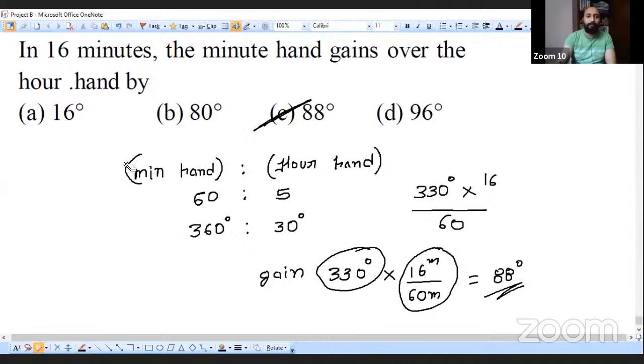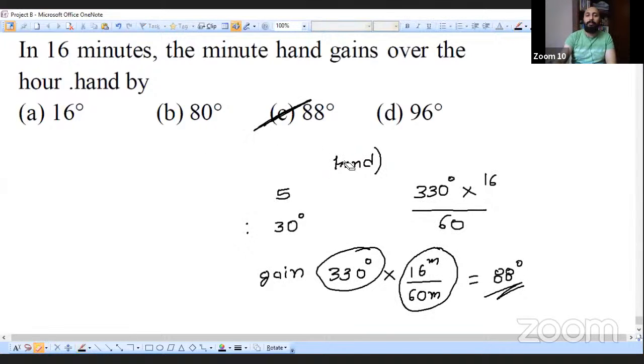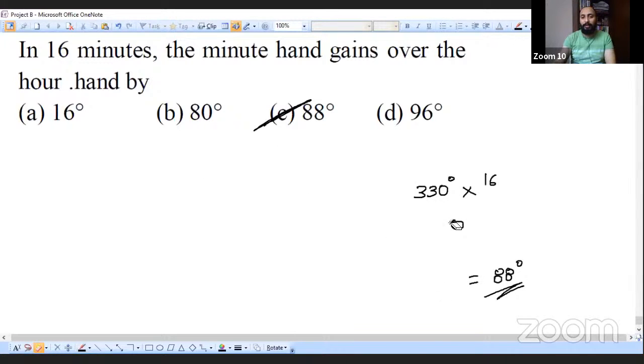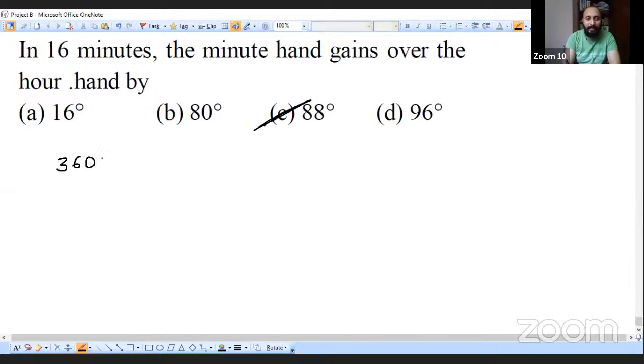Subtracting, no. See, they are talking about gain, brother. They are not talking about how much is this and that. They are talking about the gain. How much the hour hand moved in 16 minutes, we will take the ratio. I have to convert 16 minutes into degrees.